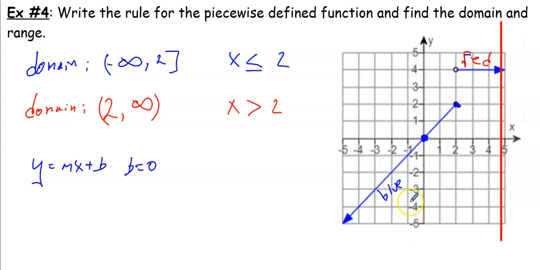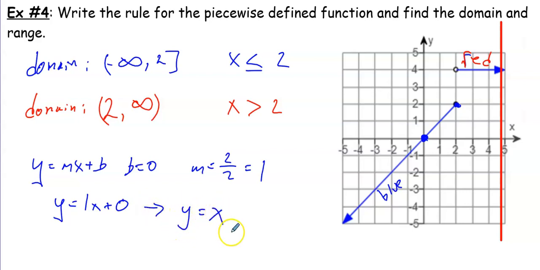Let's count rise over run. Up 2, to the right 2, that gives me a slope of 1. So my blue line has the equation y equals 1x plus 0. Nobody writes 1x plus 0, though. We only say y equals x.